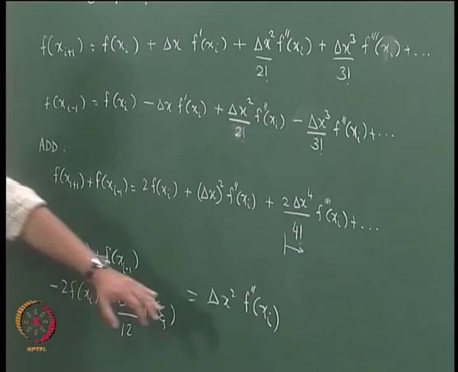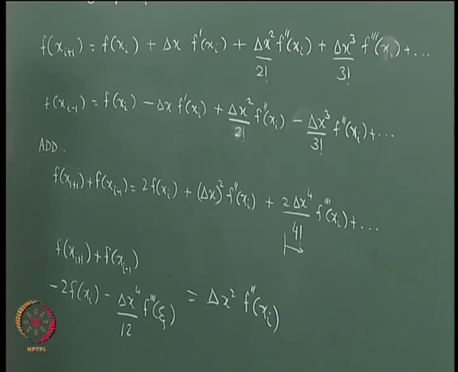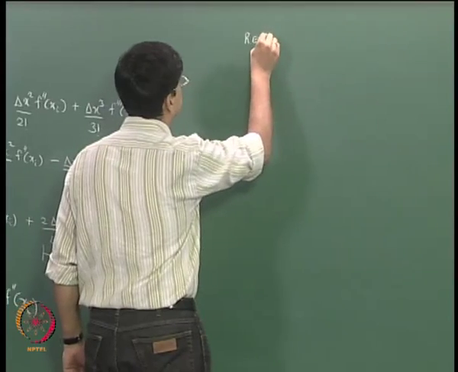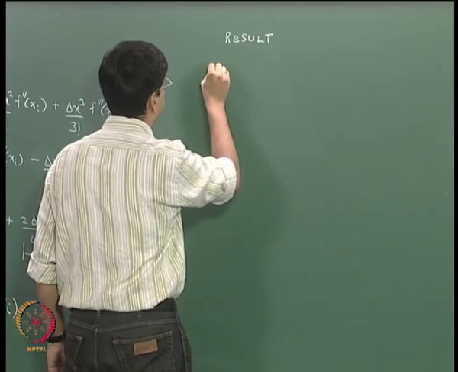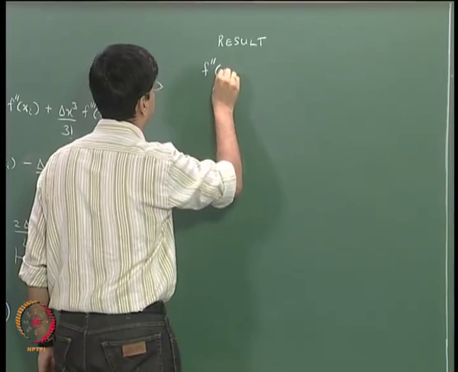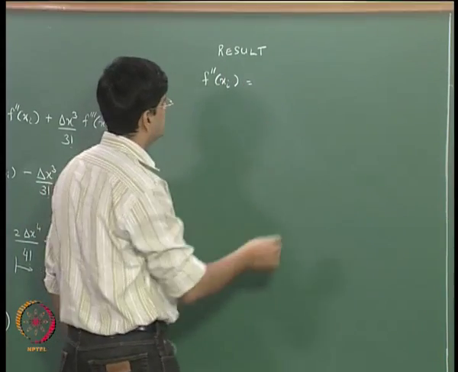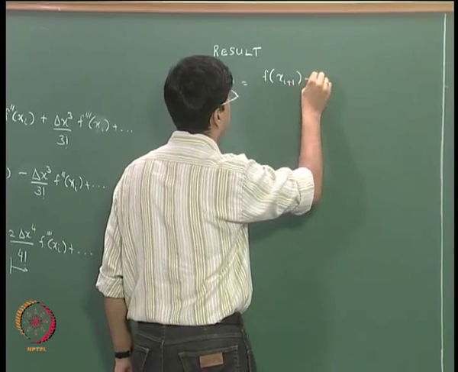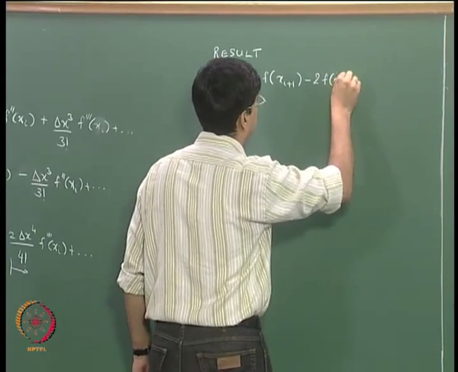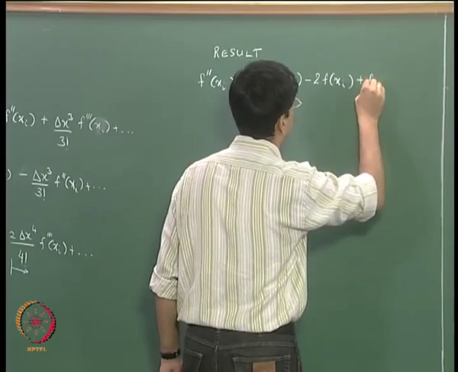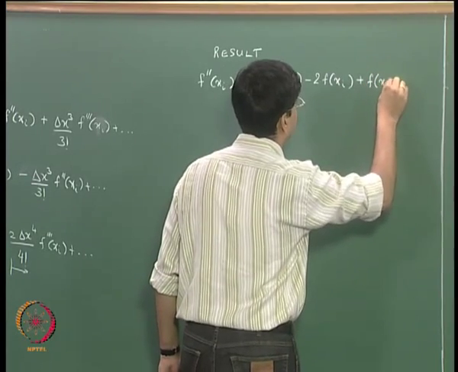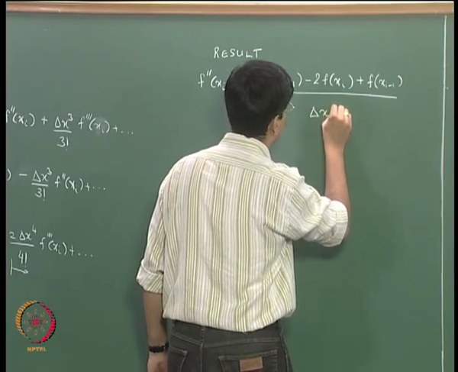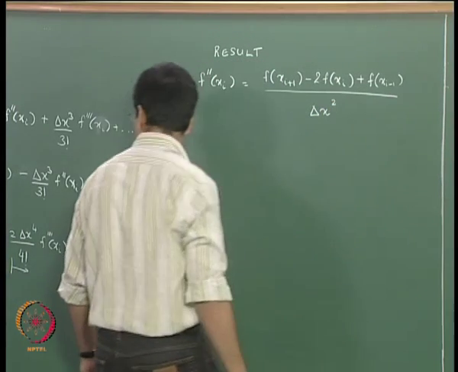We divide by delta x squared throughout and we get our final result: f double dash of xi is equal to f of xi plus 1 minus twice f of xi plus f of xi minus 1, divided by delta x squared.